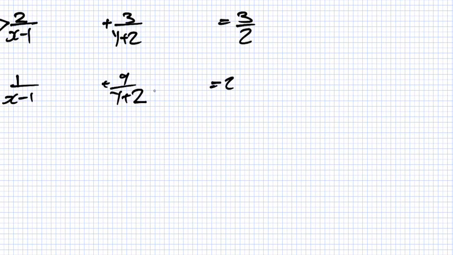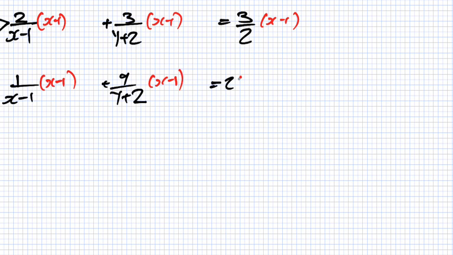And the reason for the space is what I'm going to do is multiply everything by x minus 1 in both. So I'm multiplying everything by x minus 1, and I'm multiplying everything by y plus 2.